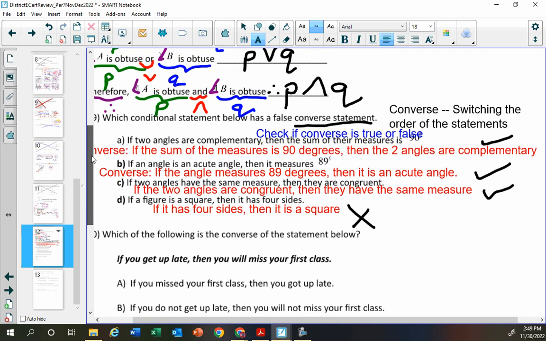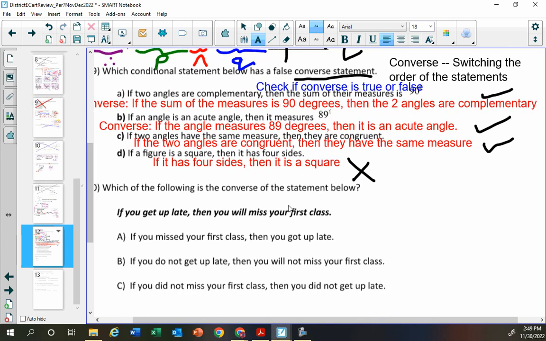Now, 30 is similar to 29. If you get up late, you miss your first class. So what would be the converse? Which one of these represents the converse?